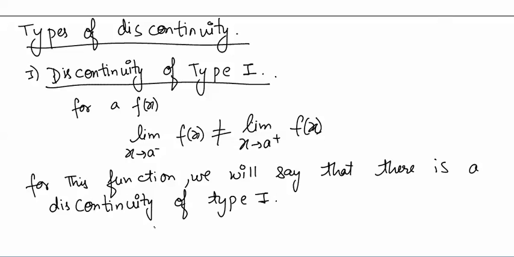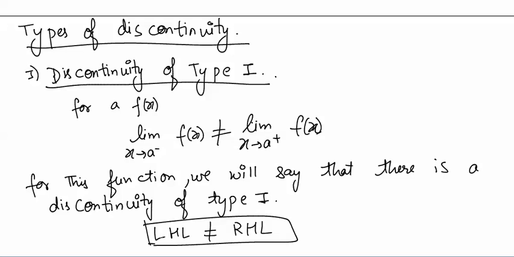So the condition we can finalize is the LHL should not be equal to RHL, right?